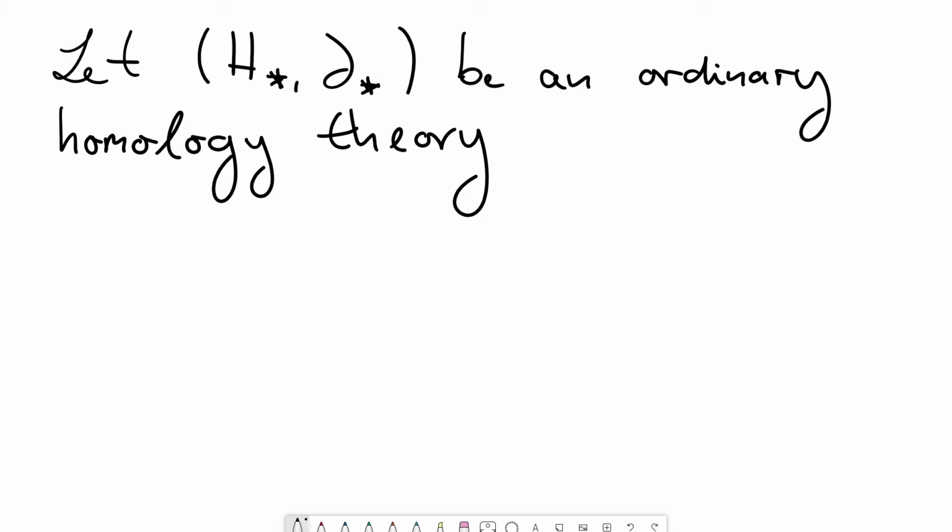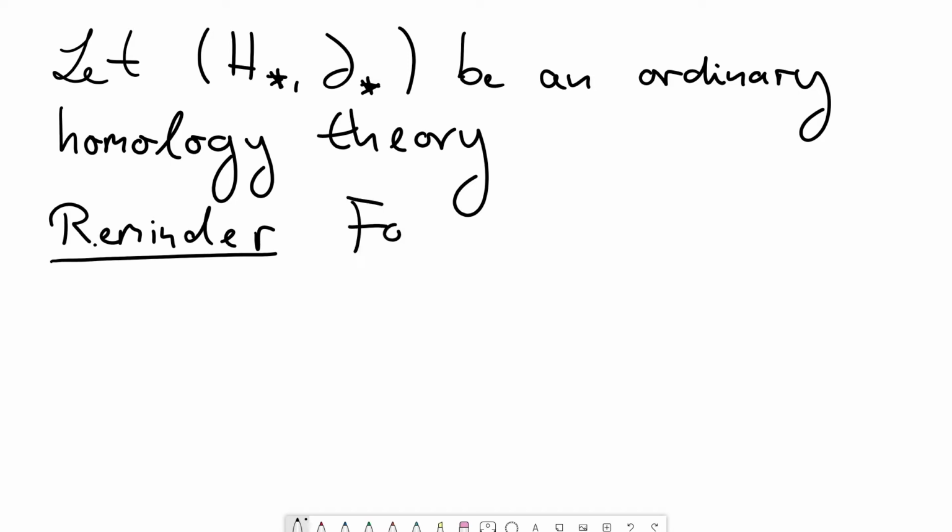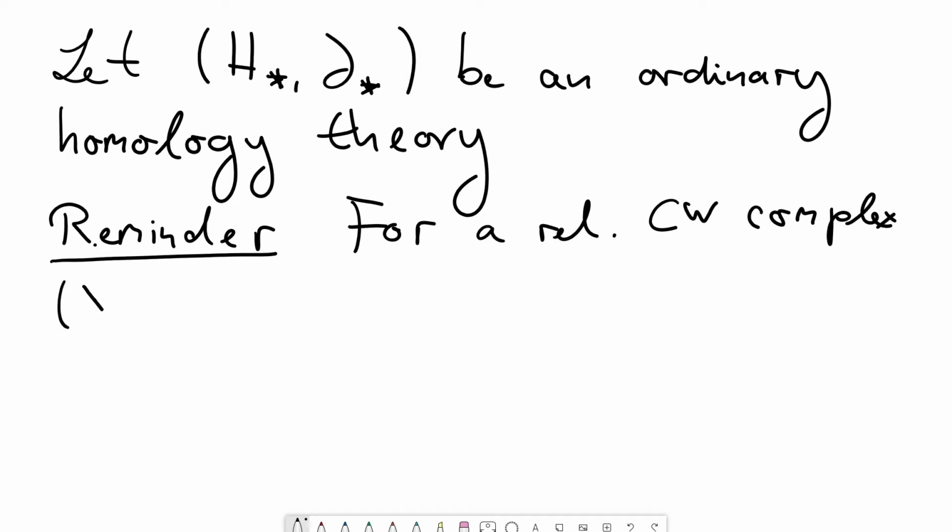Okay, so to recall what we did last time, let me give you the following reminder of the situation. So we start with some, say, relative CW complex, call it X comma A. And then we know that part of the structure of this object is also the filtration by skeleta, so let us also fix the notation for them with skeleton Xn.